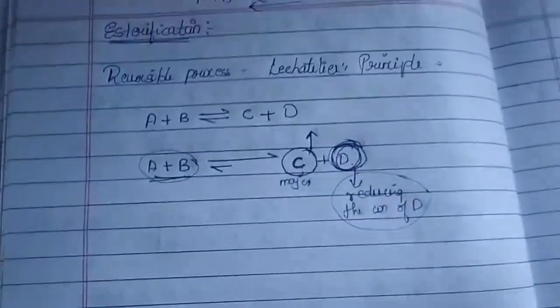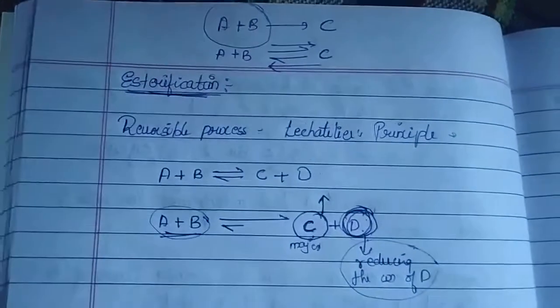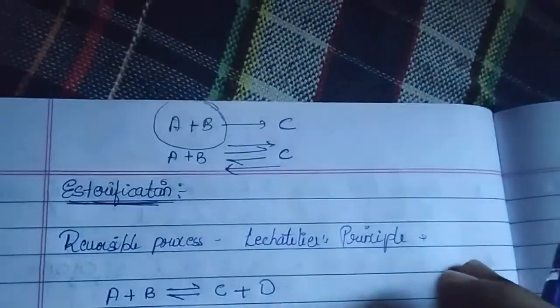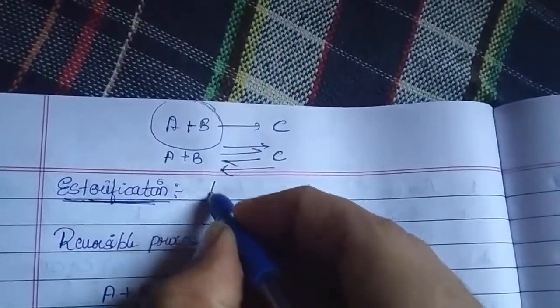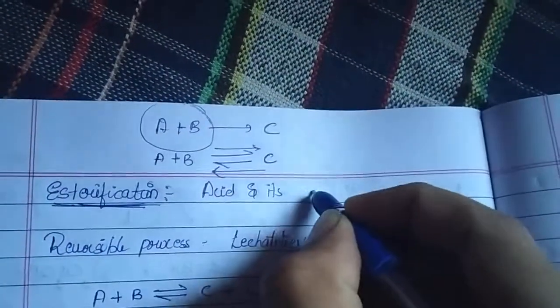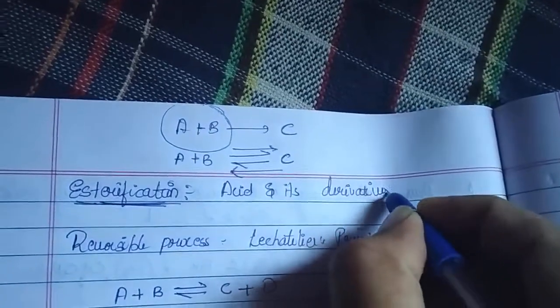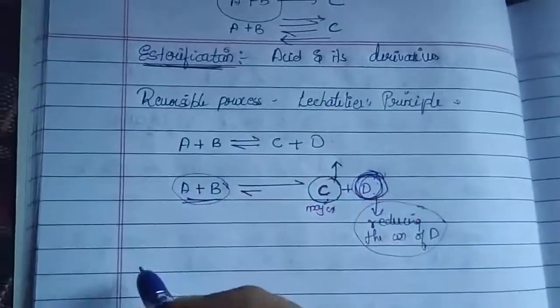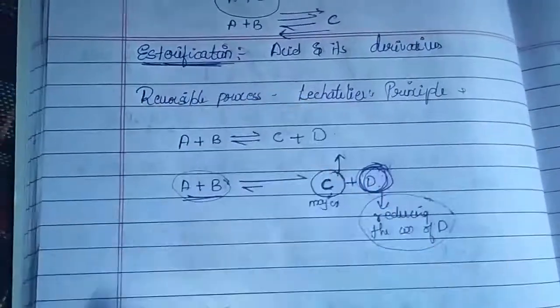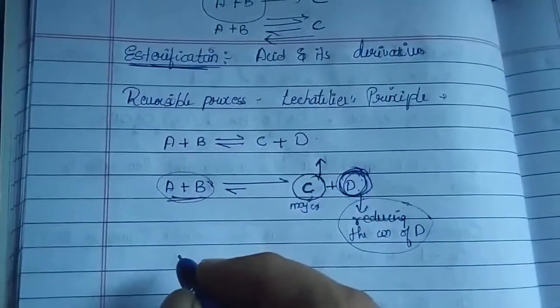Okay. So coming now, first of all, when I am talking here about esterification, do remember I have mentioned in my earlier definition, I am going to use acids and their derivatives. What does it mean? Basically we are going to talk about esterification with respect to three important compounds.